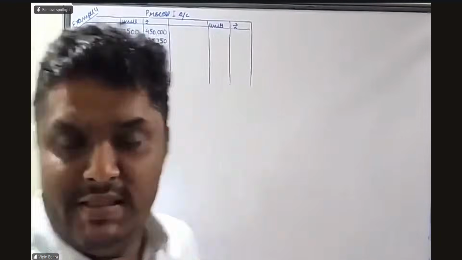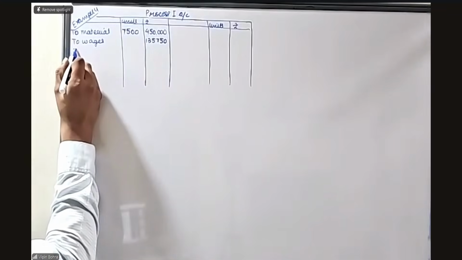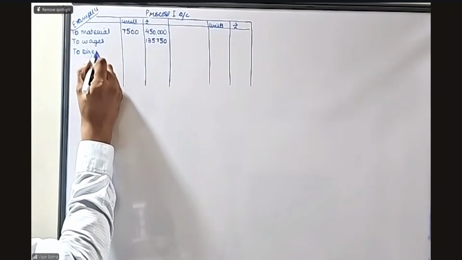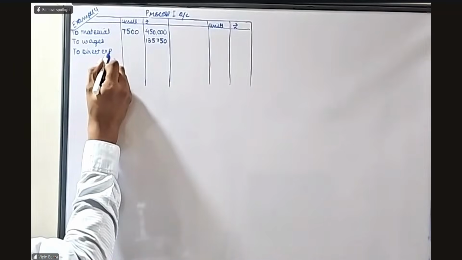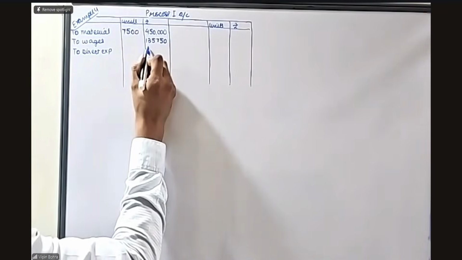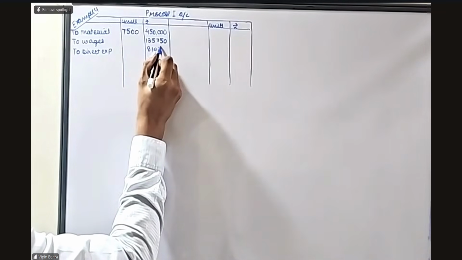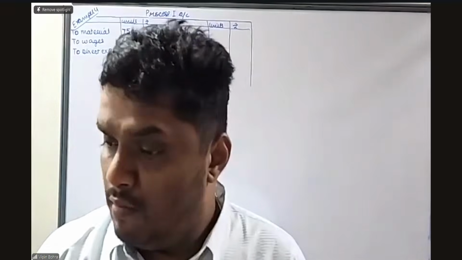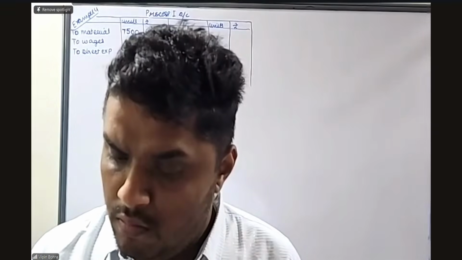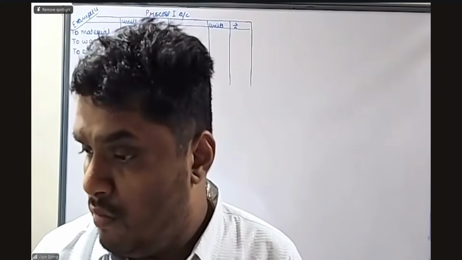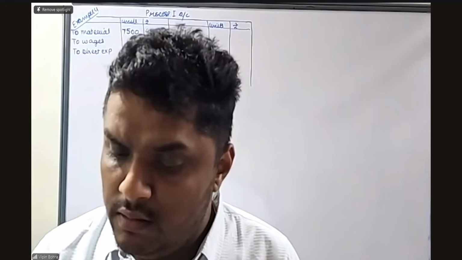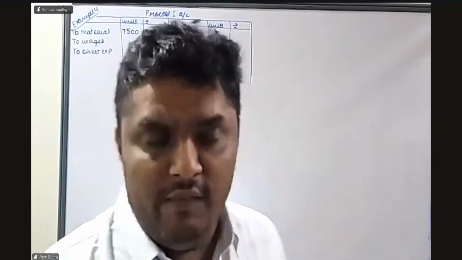So direct expenses are 81,450. Manufacturing overheads are 20% of direct wages. So it is 27,150.